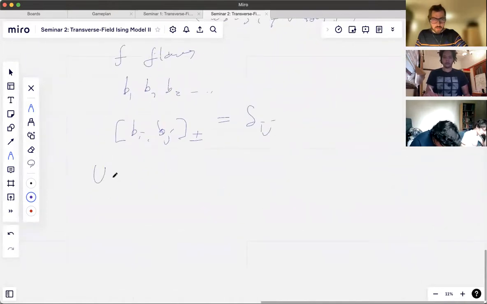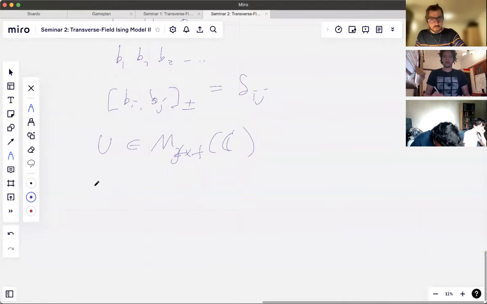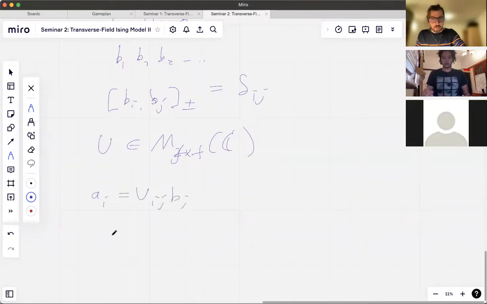Then if you have some F by F unitary matrix U, and define new variables Ai equals Ui,j Bj, then the commutator or anti-commutator of Ai, Aj is delta ij if and only if U is unitary.